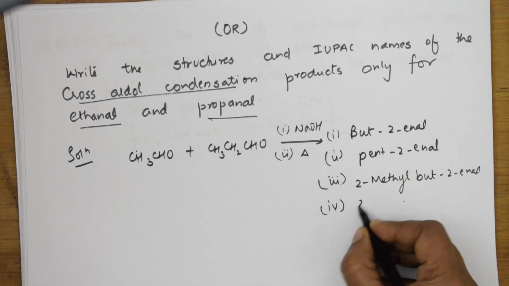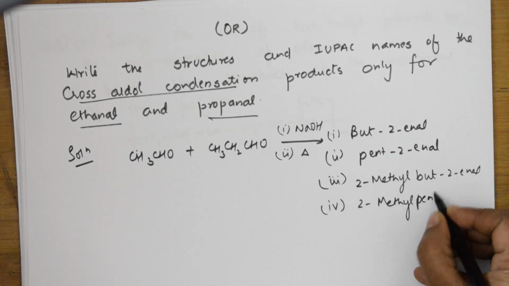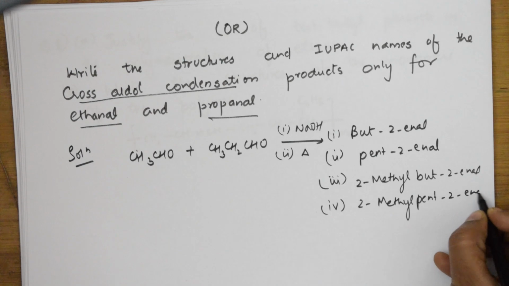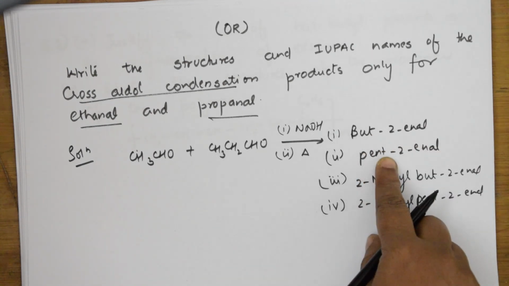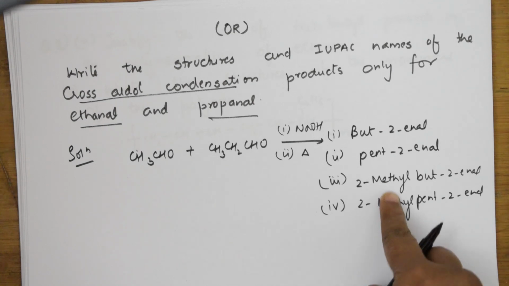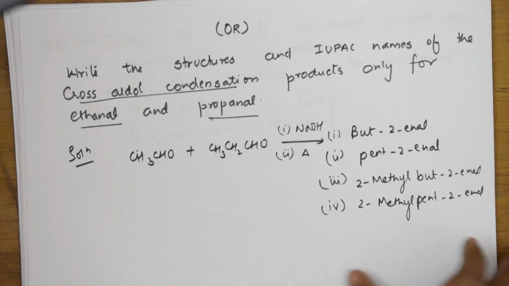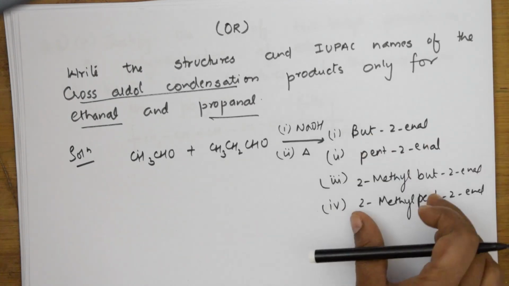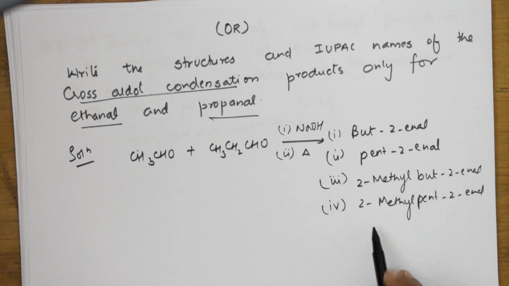Fourth one, same, 2-methylpent-2-enal. These are the 4 things: but-2-enal, pent-2-enal, 2-methylbut-2-enal, 2-methylpent-2-enal. Now let's write the structures of all the 4. So remember this, for cross aldol start from but, then pent, then again 2-methylbut and 2-methylpent.